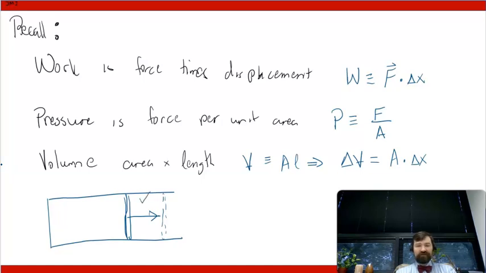Then this change in volume would be this delta X distance between where it started and where it ended, times the cross-section area of the chamber that it's in. So if this has a cross-section area A, then A times delta X would give me delta V, the change in volume. Now we put all these together.